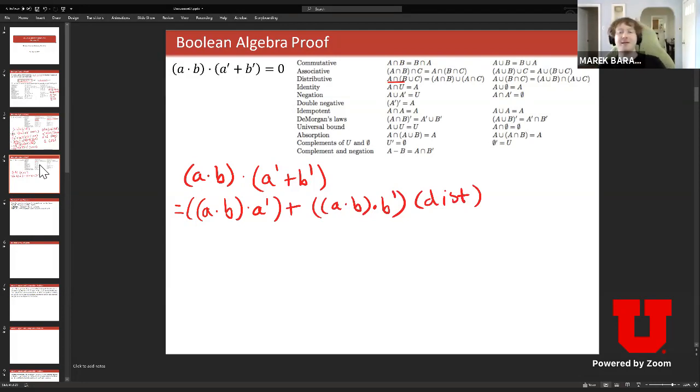So I'll give you a hint. From here, we only need to do some applications of the associative rule and look to apply negation and the commutative rule. Anyone done?